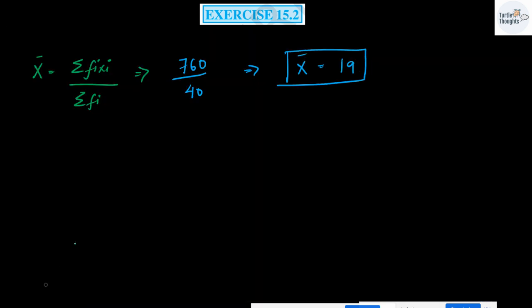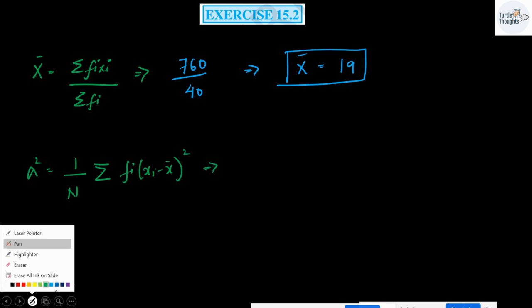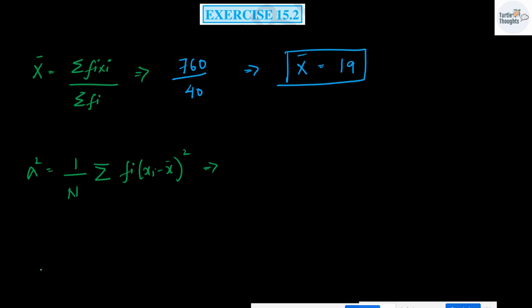I will be using the formula for variance, which is given by sigma square equals 1 over n, the summation of fi multiplied by xi minus x bar whole square. I have the value of n. N is nothing but sigma fi, which is going to be 40. So I can write over here 1 divided by 40 multiplied by summation of fi multiplied by xi minus x bar whole square.